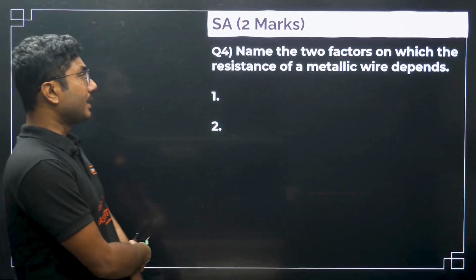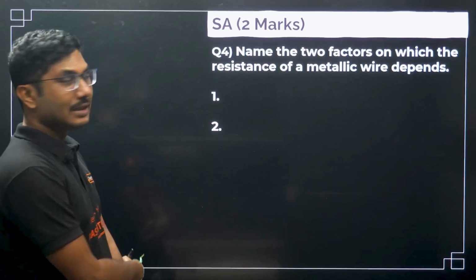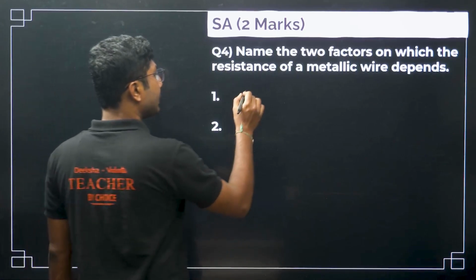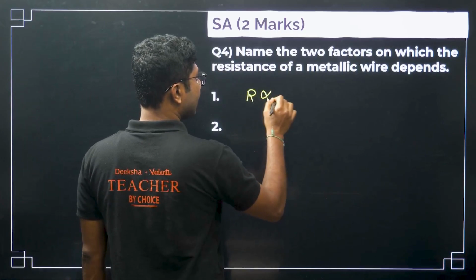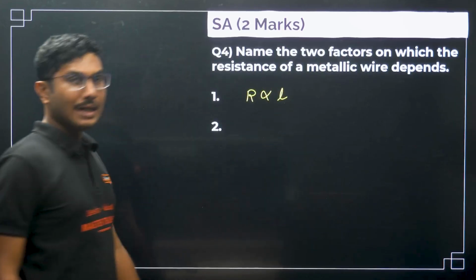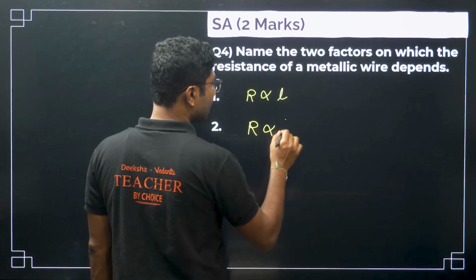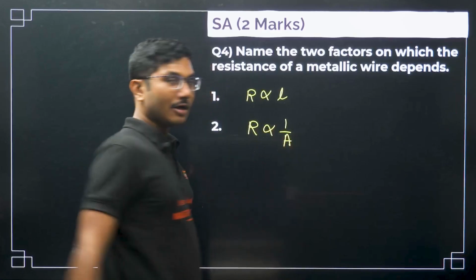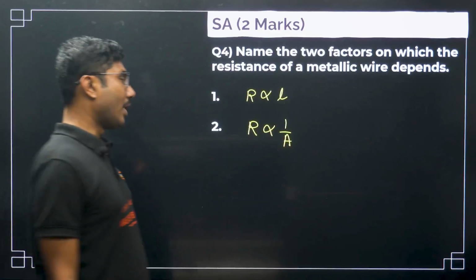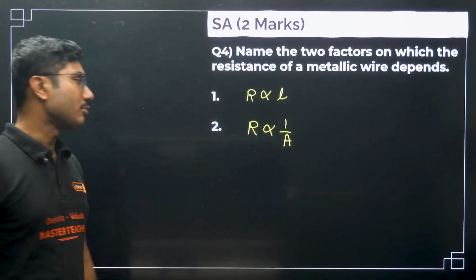Name two factors on which the resistance of a metallic wire depends. So resistance of a metallic wire is directly proportional to the length of the wire, and resistance of the metallic wire is inversely proportional to the area of cross section of the wire, right? So these are the 2 points that you have to mention.